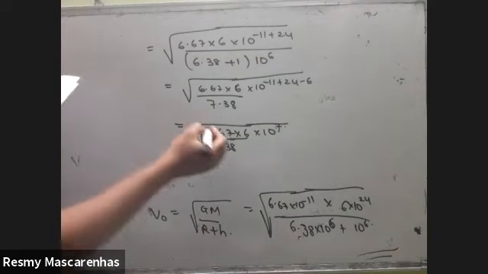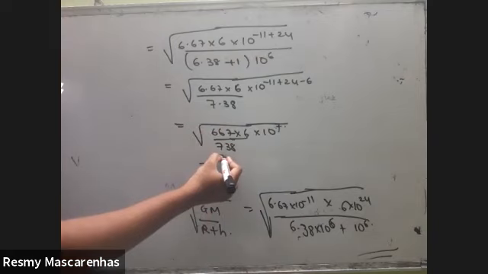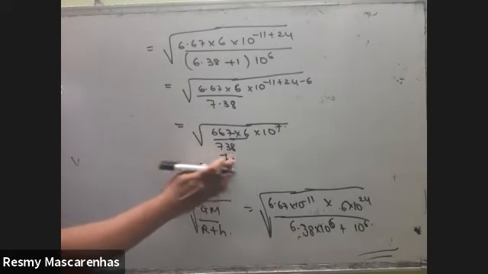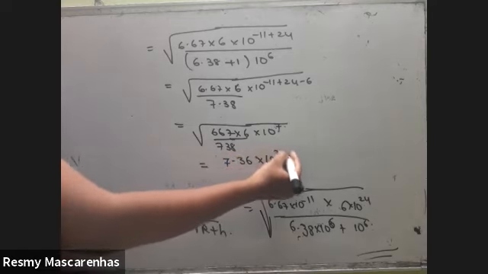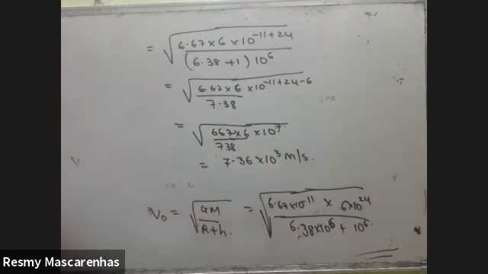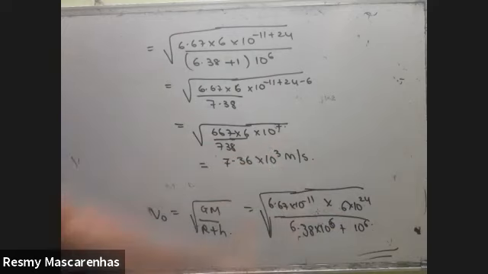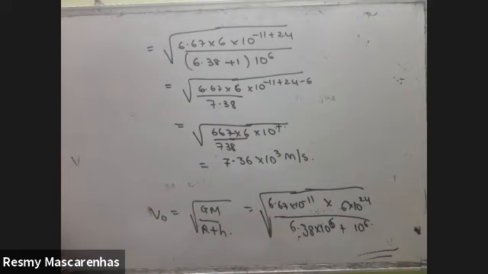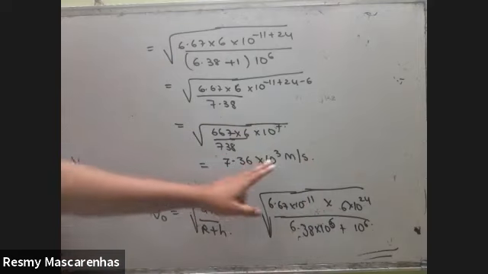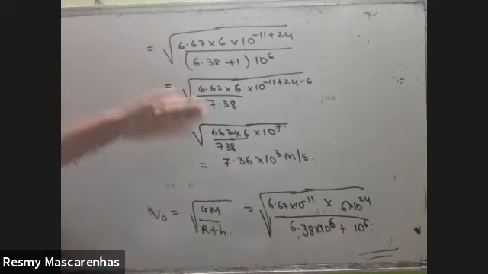So answer will be... If we had not used this 10 raised to 6 conversion, then it would have been kilometers per second. The answer would have been 7.36 kilometers per second. But in order to avoid that confusion of writing kilometers, best option is to convert it in meters and then calculate an answer.